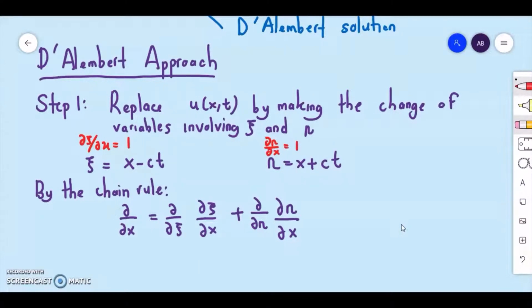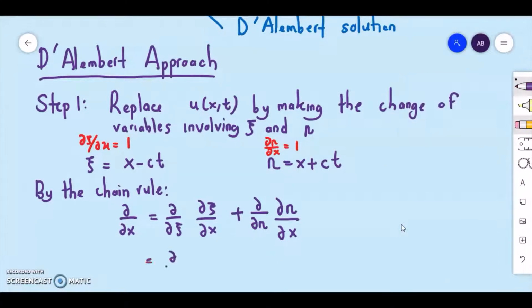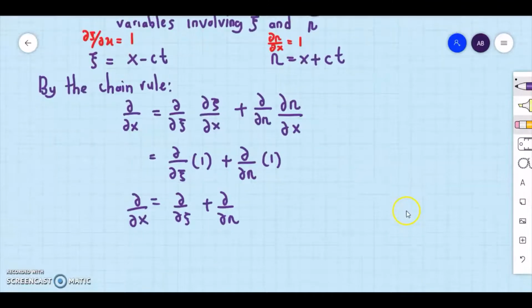Putting this in, I have partial over partial psi times 1 plus partial over partial eta times 1. That gives partial over partial psi plus partial over partial eta. That's the derivative with respect to x.